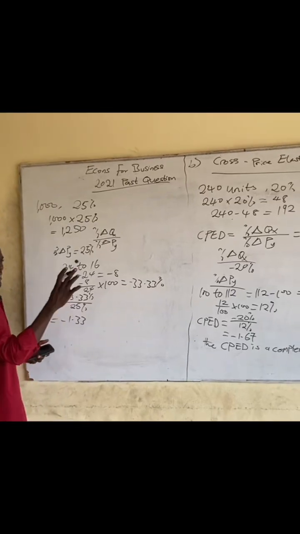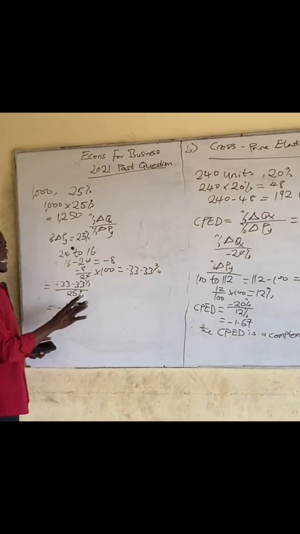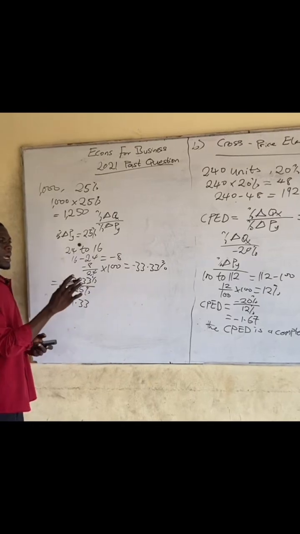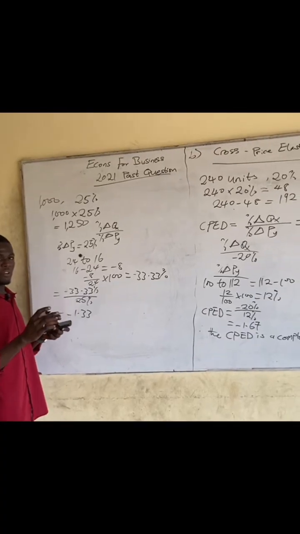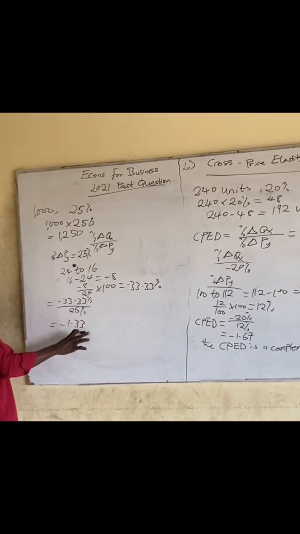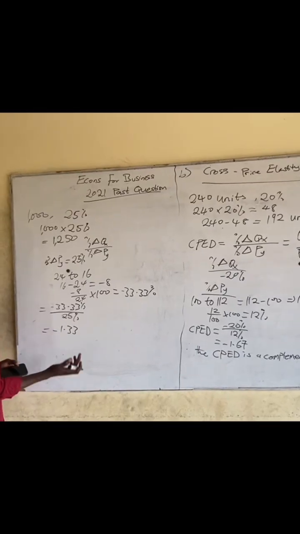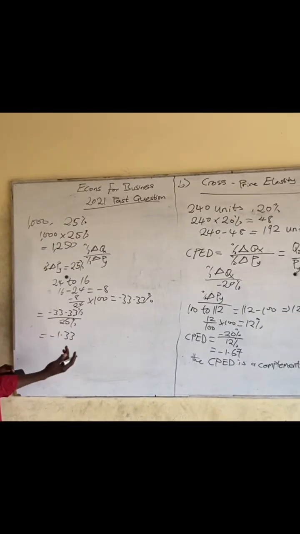So here, as I said earlier, the moment you get a negative value for income, it is telling you that your goods were inferior goods. If it is positive, then it means it is normal. But since it is negative, it is inferior.